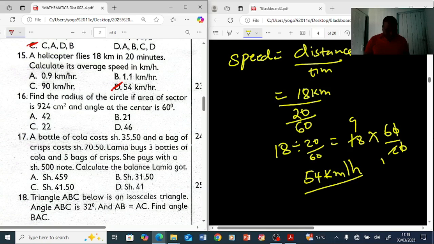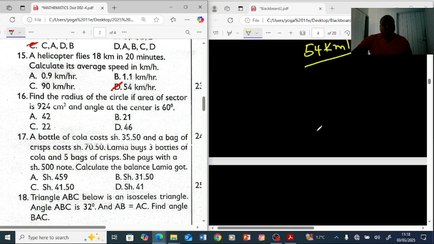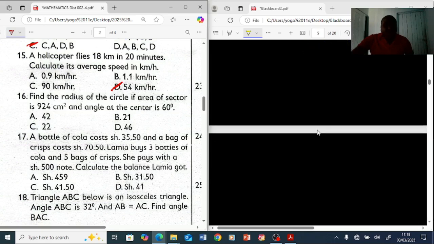Number 16, find the radius of a circle, if the area of the sector is this and the angle is that. That's very simple now.